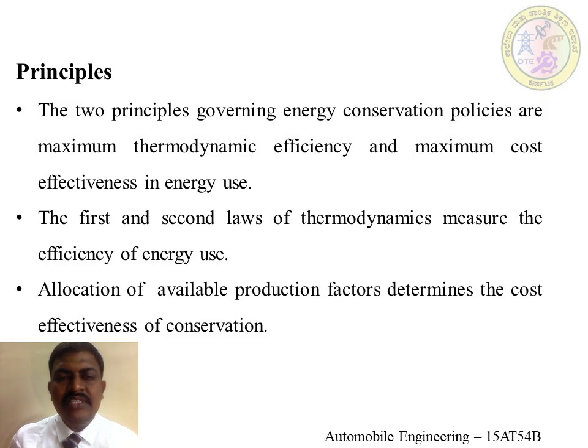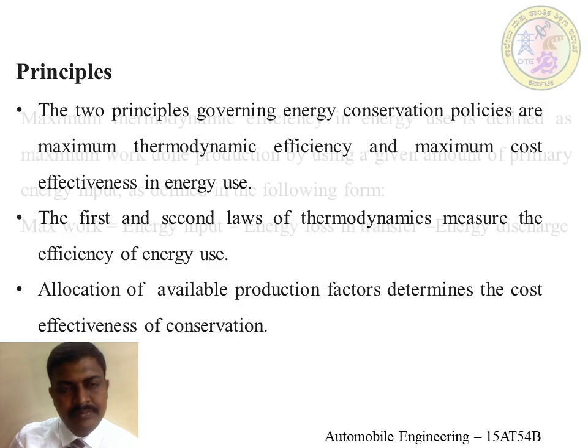Usually the first and second laws of thermodynamics give the basis for the measurement of efficiency of energy use, what is the input and what is the output obtained, and allocation of available production factors determines the cost effectiveness of conservation, whether the plant is manually operated, semi-automated, or purely automated. So all these factors determine the cost effectiveness.